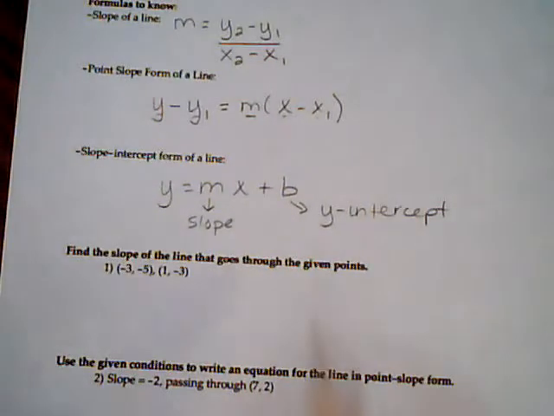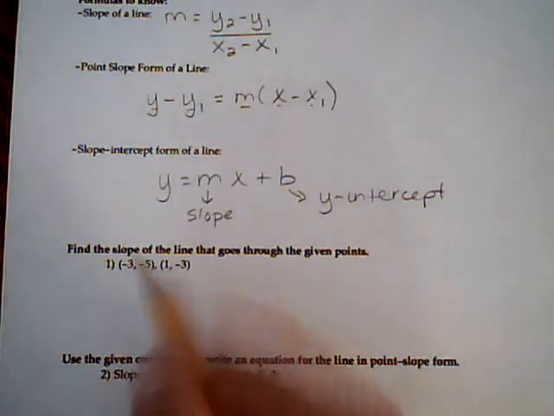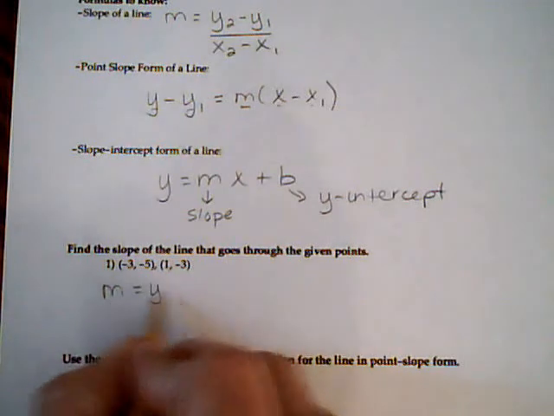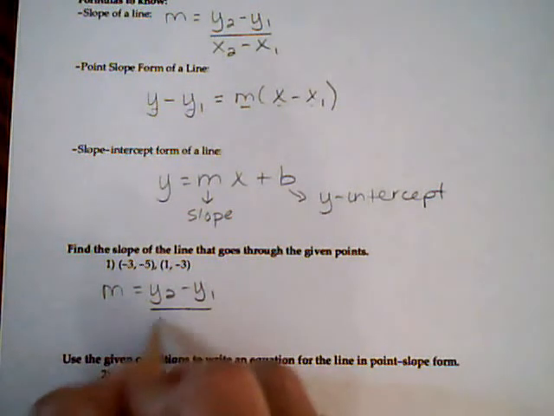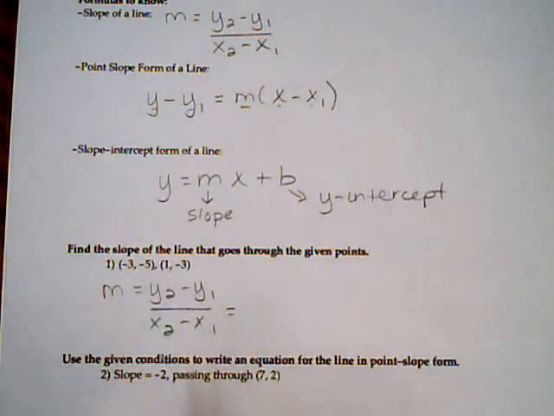Find the slope of a line that goes through the given points. So I just have 2 points. If that's all I'm given and asked to find the slope, then I'm going to use the slope formula, which really just means you subtract your y's and then subtract your x's in the same order.